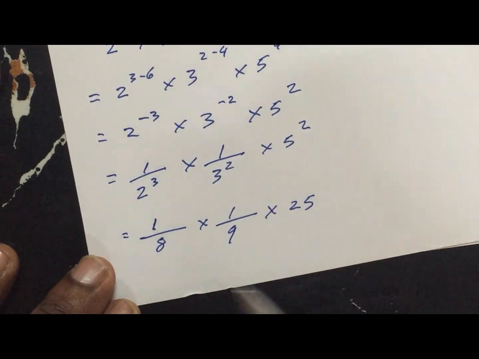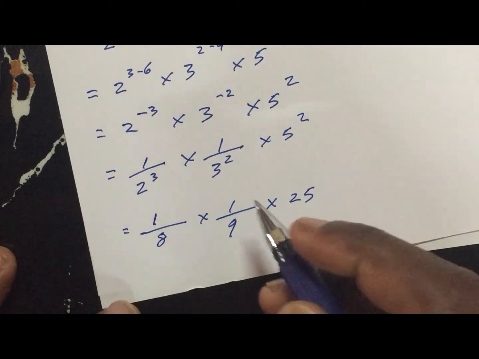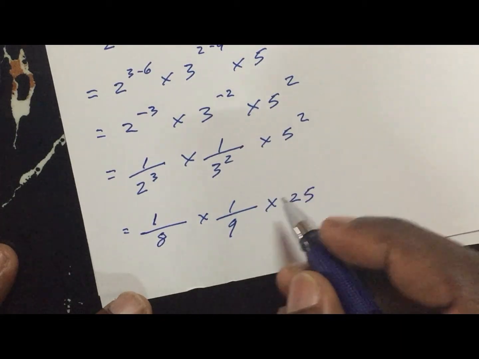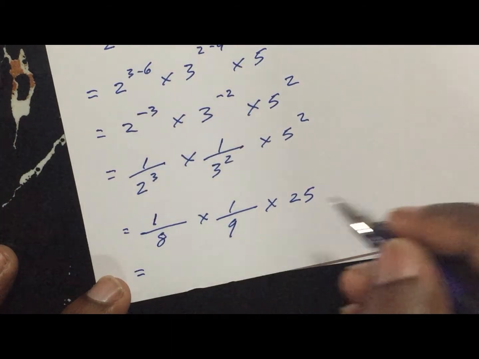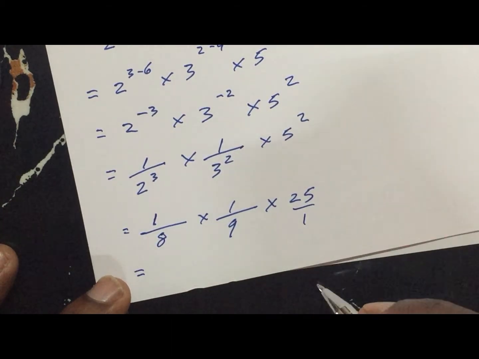So we further go and simplify this. When you multiply all of this, what do we have? Come on, this is the same as 25 upon 1.